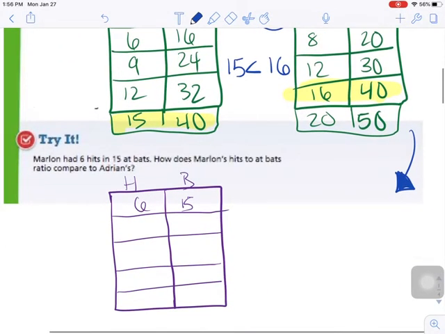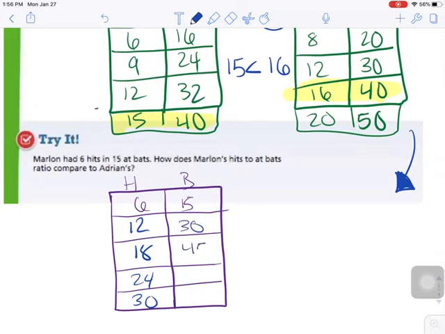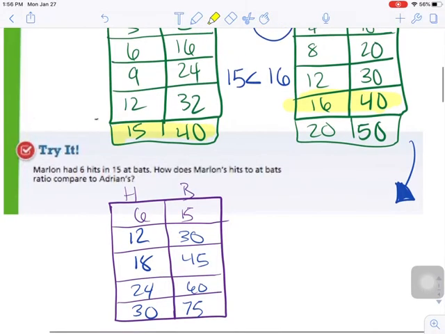If I was to go ahead and fill out this table, I would have 6, 12, 18, 24, and 30. And then for the at-bats, I would have 15, 30, 45, 60, and 75. And again, I want to look for equivalency here of where their at-bats are the same.